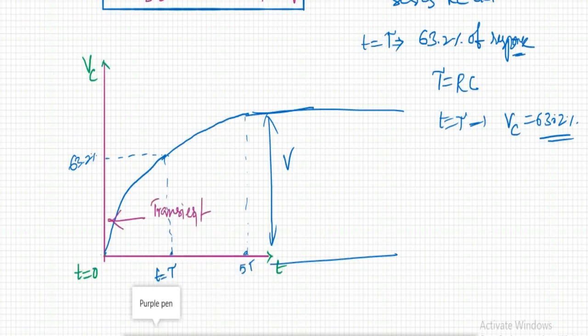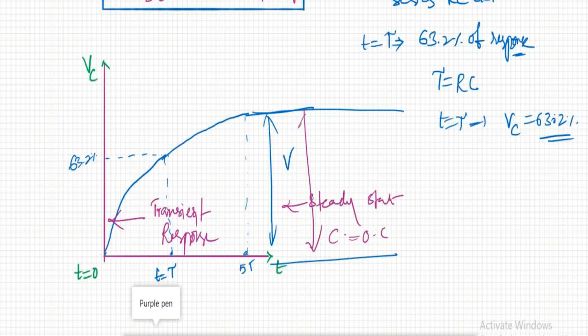This is the transient response, and this is the steady state response. Here the capacitor acts as an open circuit, and the entire source voltage is available across the capacitor. This magnitude is the source voltage. So this is about the force response of RC and RL circuits. Okay, thank you.